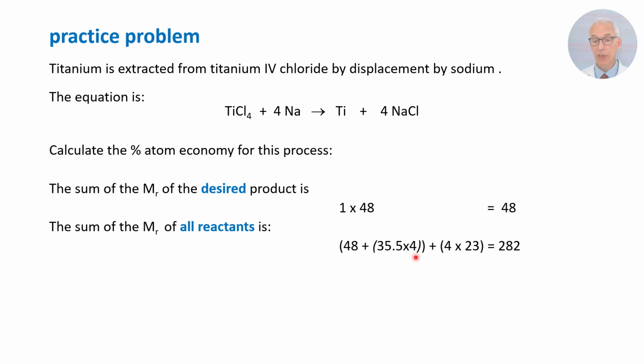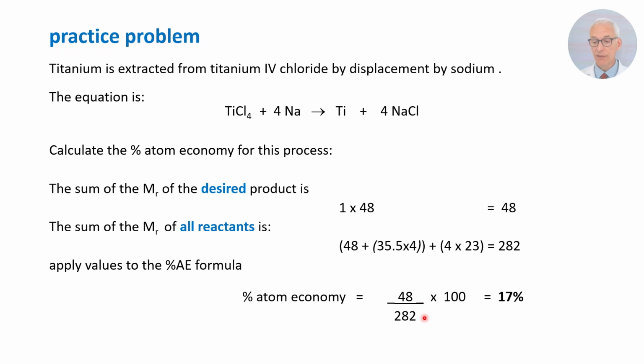So the relative molecular mass of titanium 4 chloride, 48, and 4 times chlorine, 4 times 35.5. Plus the other reactants, 4 sodiums, plus 4 times 23. Comes to 282. 48 divided by 282 times 100 is 17%.